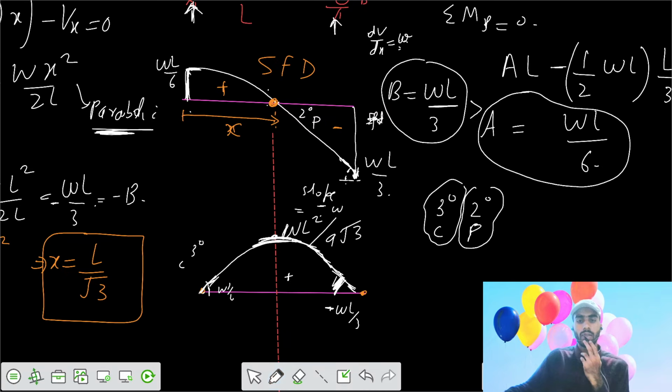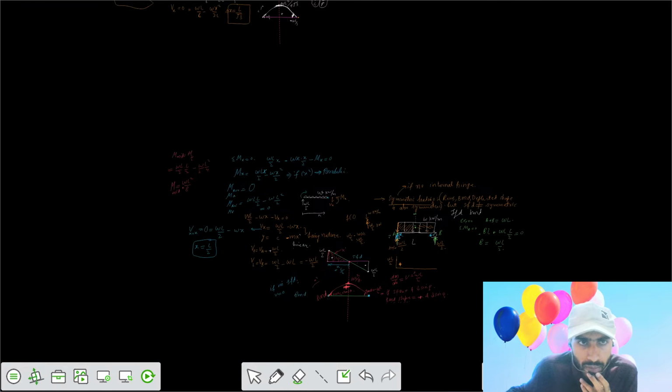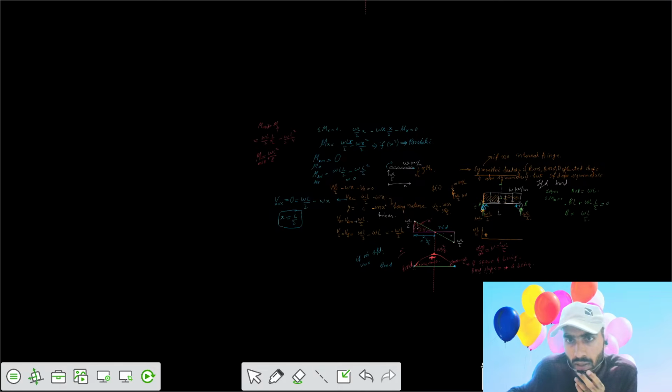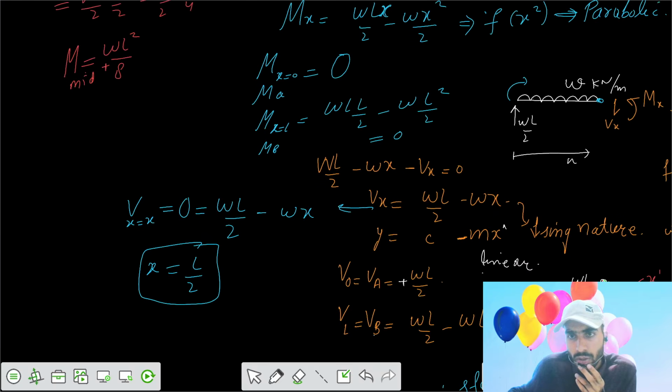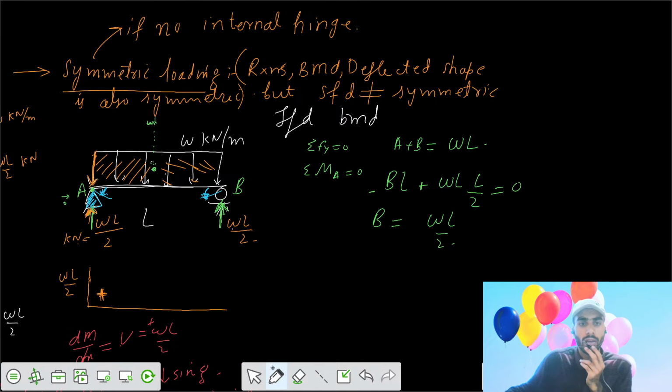We forgot to verify this. We know that in the previous question we discussed the concept of symmetric beams and symmetric loadings. We said that if the loading is symmetric, then the reactions, BMD, and deflected shape are also symmetric.